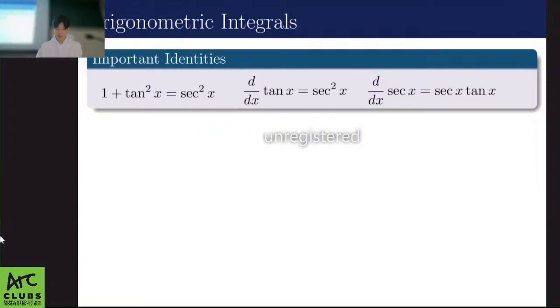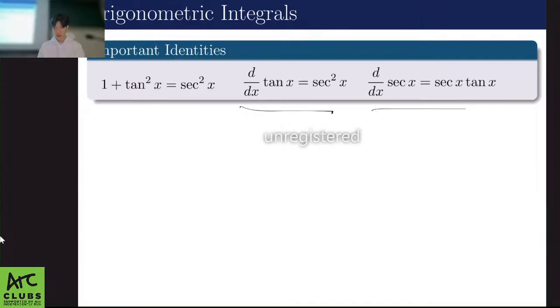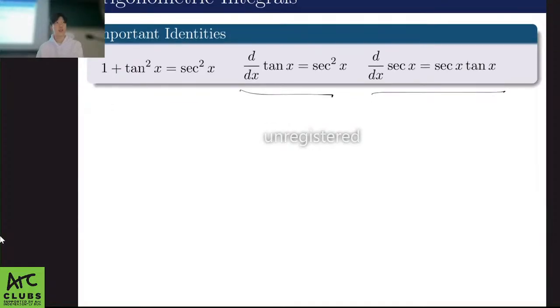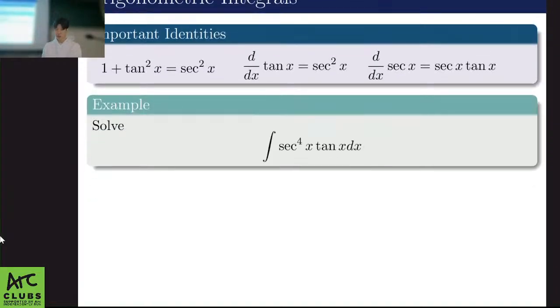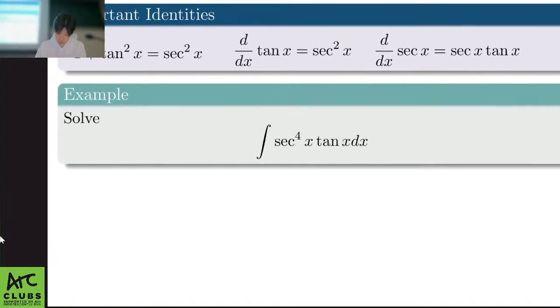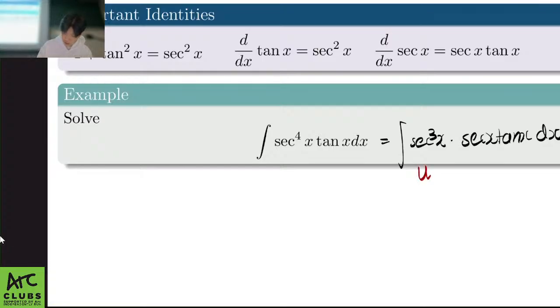Now we have some other trig identities that are important, which is 1 plus tan squared is sec squared. And you should know the derivatives of tan x, which is sec squared x, and sec x, which is sec x tan x. So how can I use that? If I have an integral like this, well, notice I can split this into sec cubed x times sec x tan x dx. Now what I can do is the u sub, u equals sec x, sorry, not sec cubed x, just sec x.